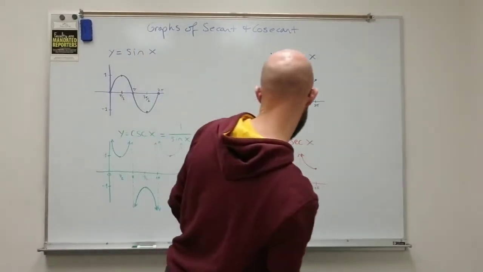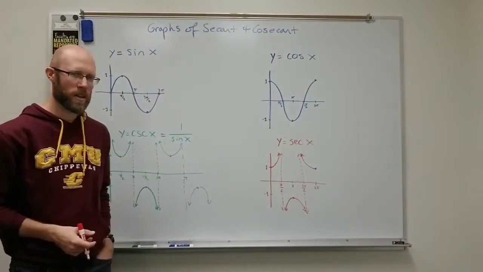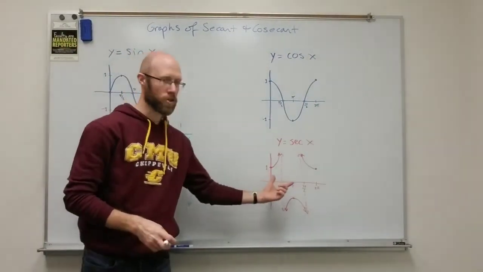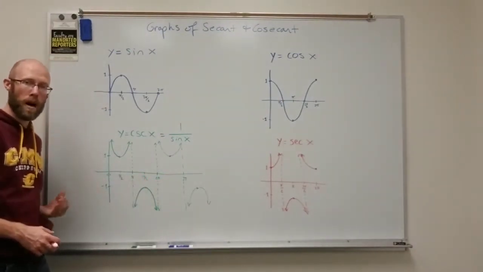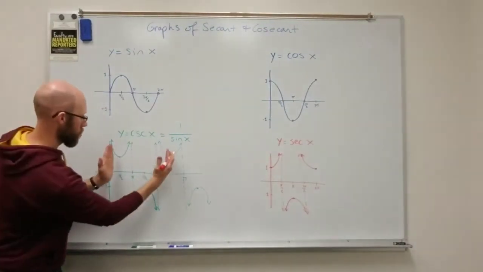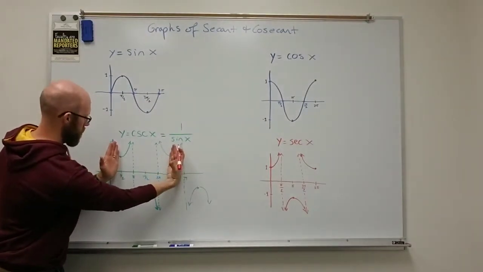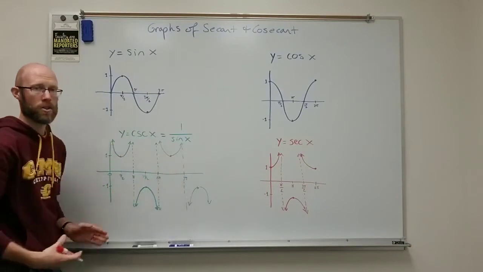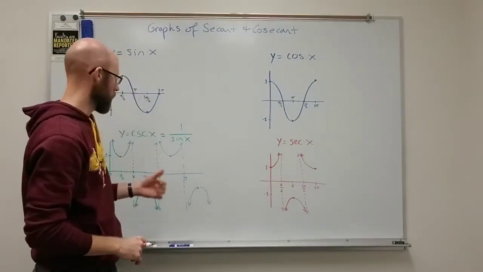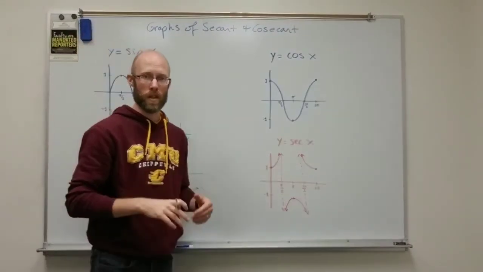Now, I'm not sure if I got those lined up very well, but you get the idea. So it's essentially a shift of the cosecant graph left by pi over 2. Right, so you're essentially looking at the pi over 2 to 5 pi over 2 region of the cosecant graph. It's shifted now.